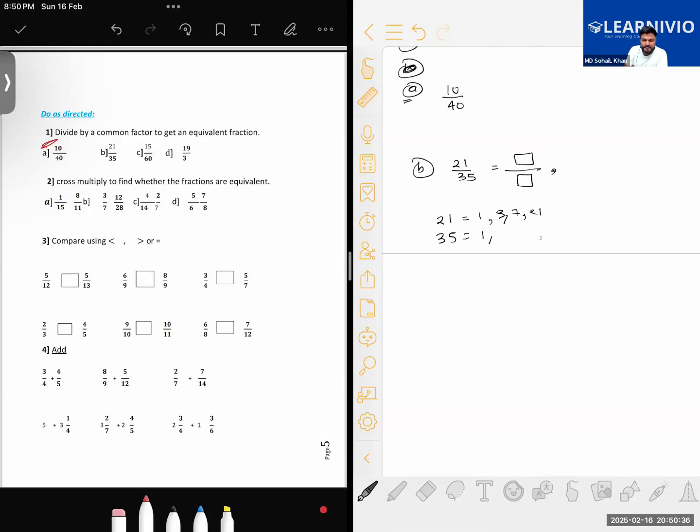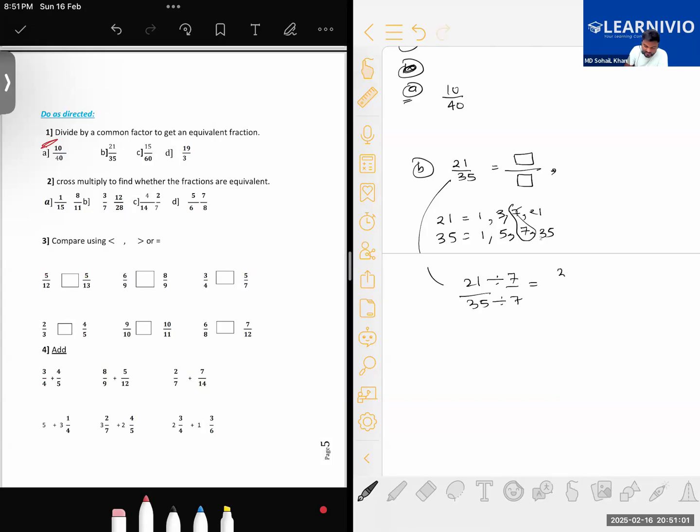For 35: 1, 5, 7, and 35. Good. So the common factor is 7. We are going to divide both of them by 7. 21 divided by 7 and 35 divided by 7.